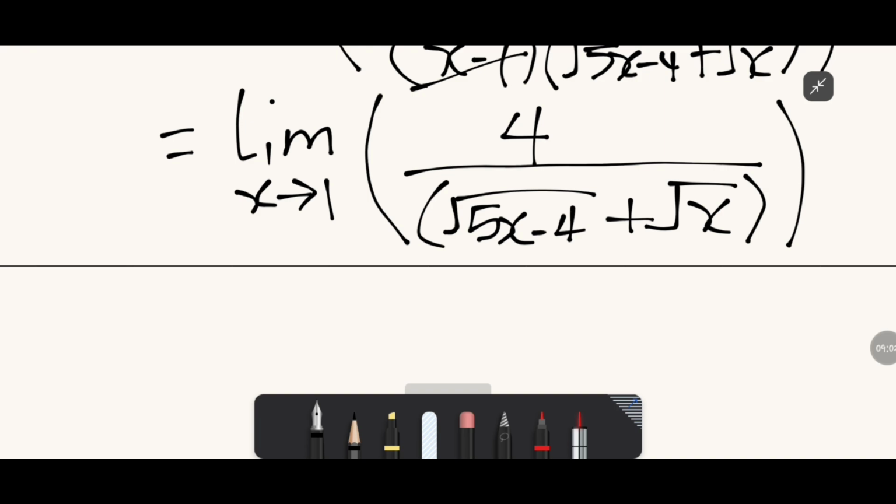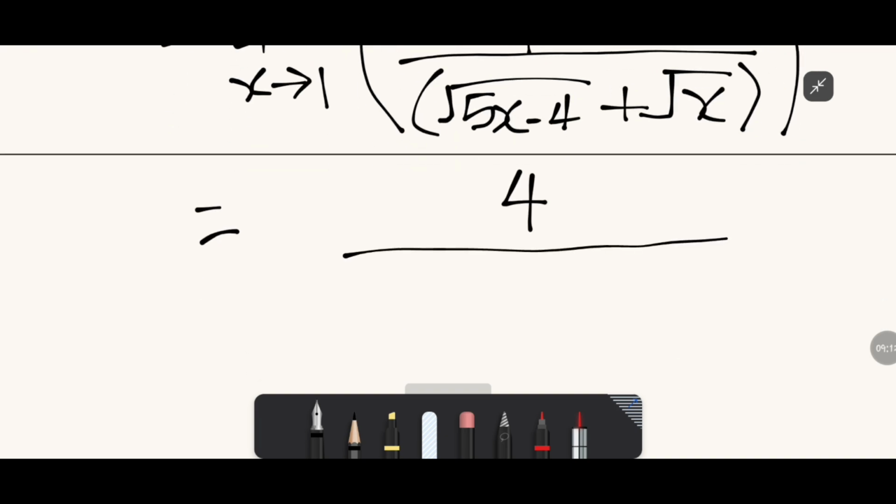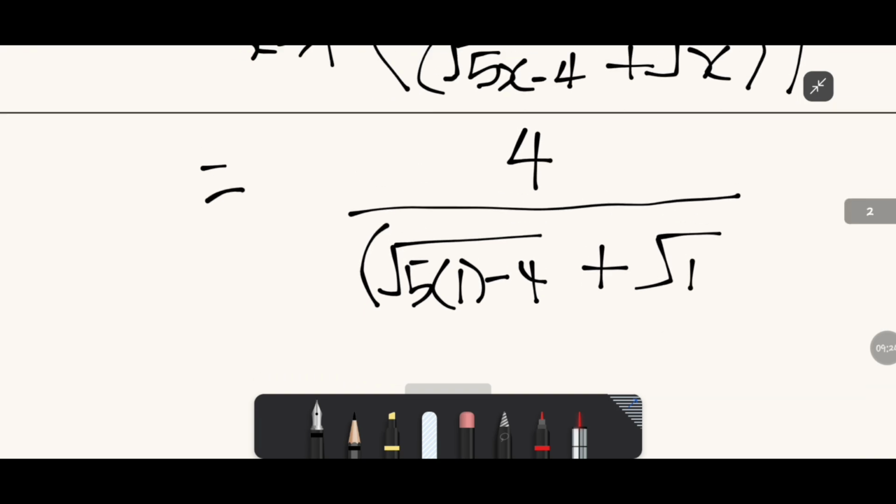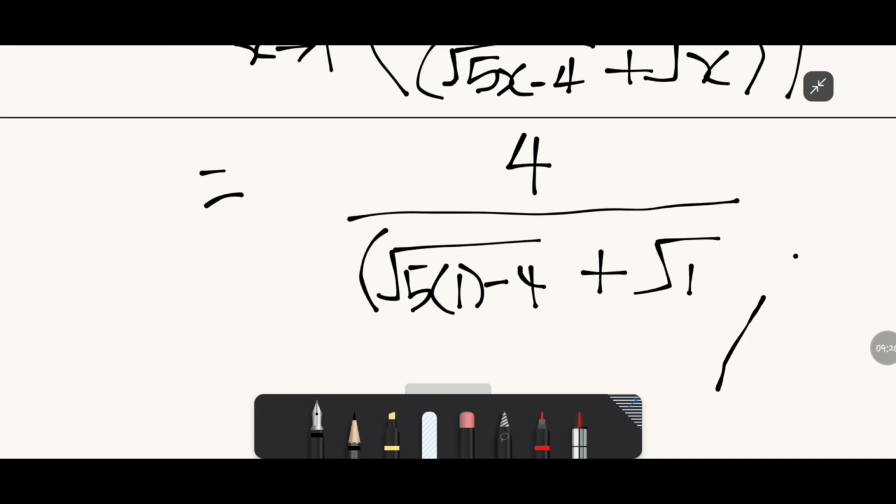So what we are just going to do is to put in x to be 1. So this is going to be 4 all over square root of 5 into 1 minus 4 plus square root of 1.